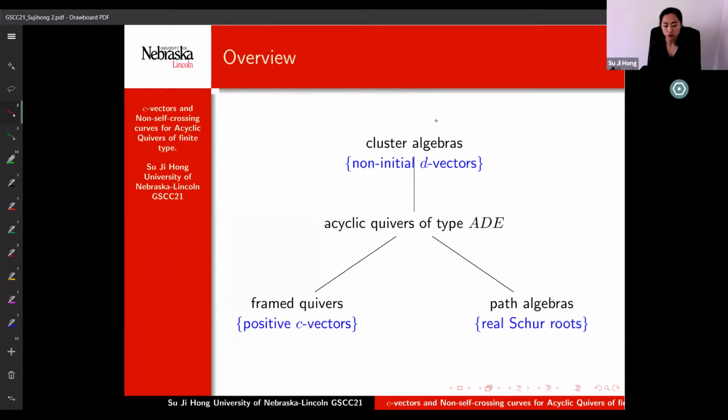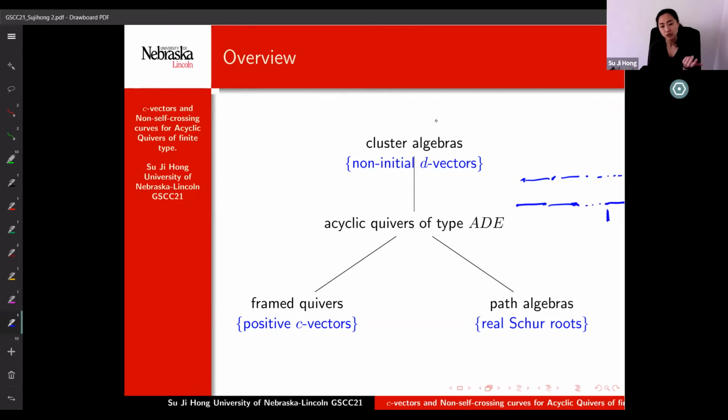We're going to be focusing on acyclic quivers in this talk, and specifically acyclic quivers of type A, D, and E. As Kayla mentioned, A was the one that looked like a path, so any quiver whose underlying graph looks like a path. D looked like a path but with one branch down there.